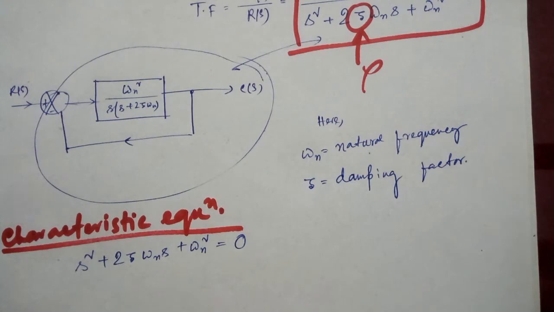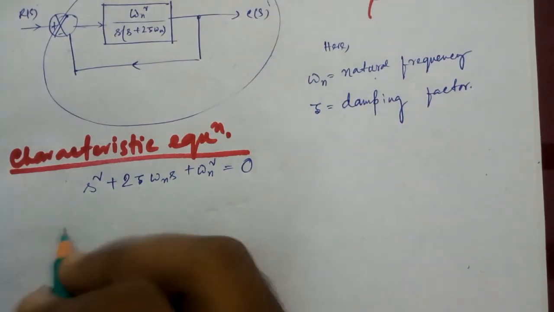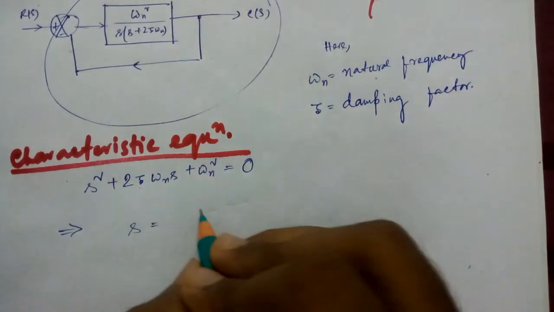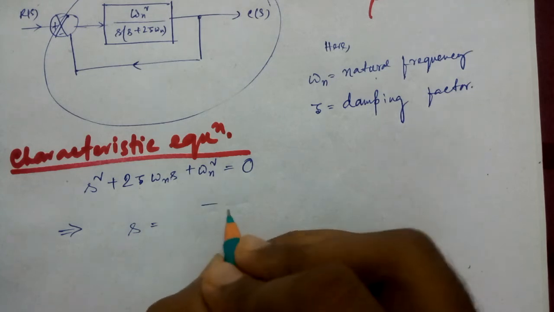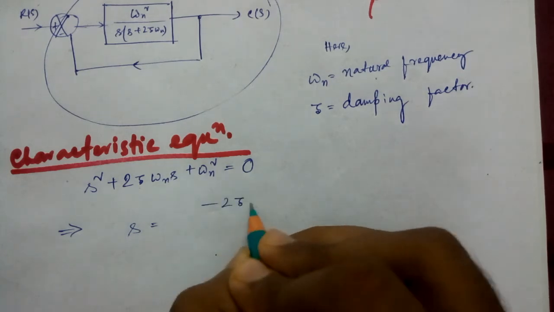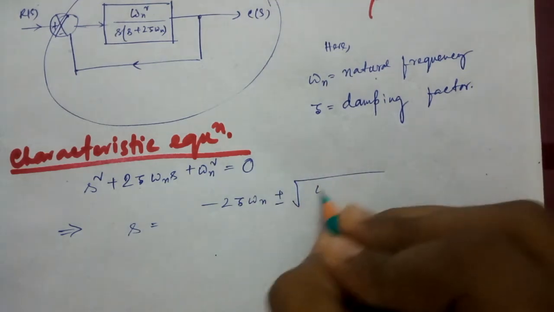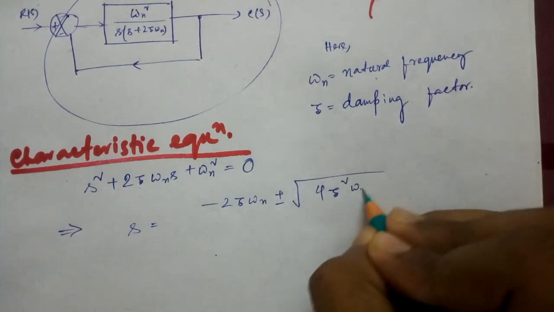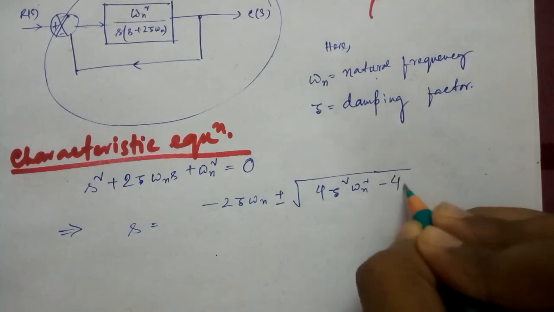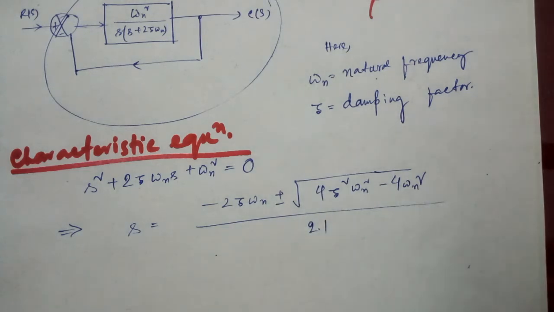From here we can find out the values for the poles, meaning the values of s. We can apply the quadratic equation formula, that is minus b plus minus root over b square minus 4ac, by 2a, that is 2 into 1, means 2.